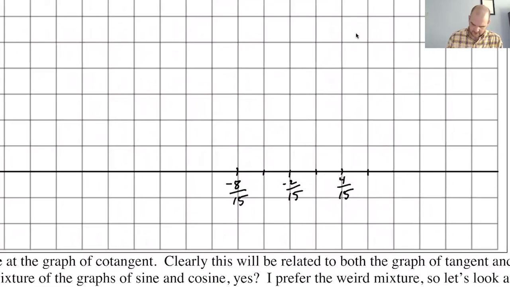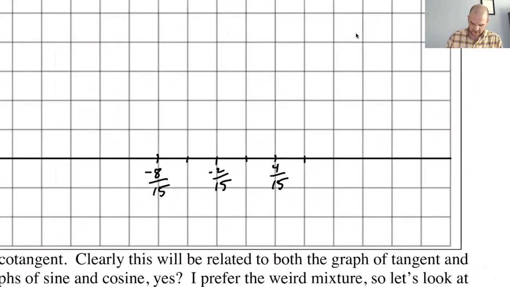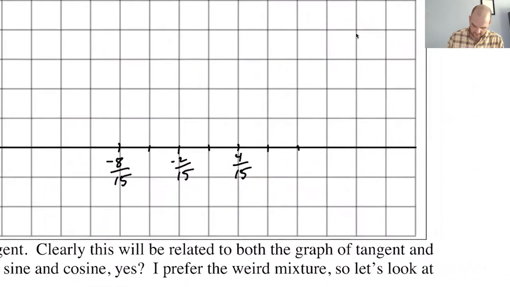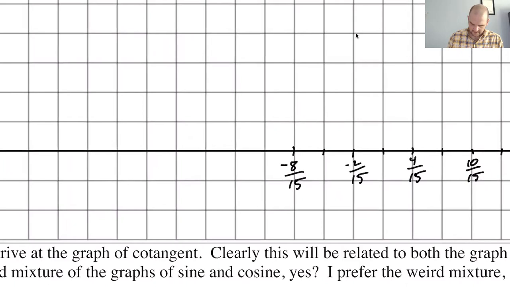Whoops. I don't know what I've done. I found some shortcut to something, but I don't know what. 10 over 15. And then 16 over 15, because I'm adding 6. And then I'm not going to label that one, too close.